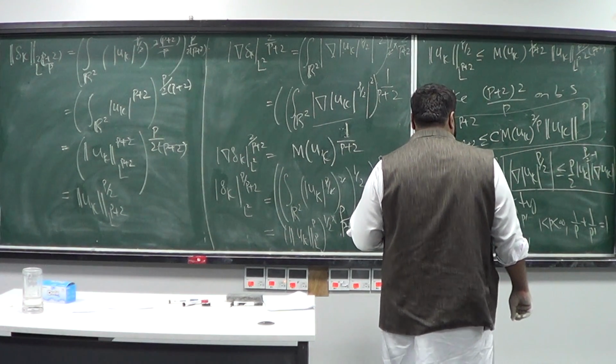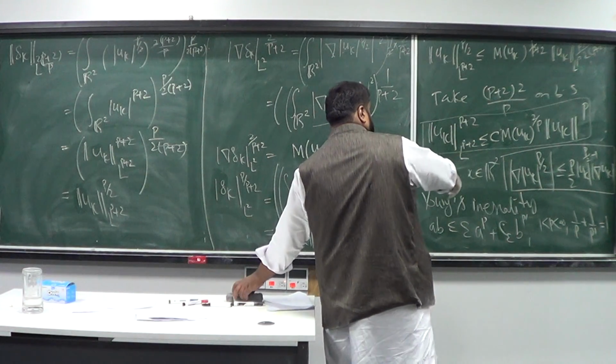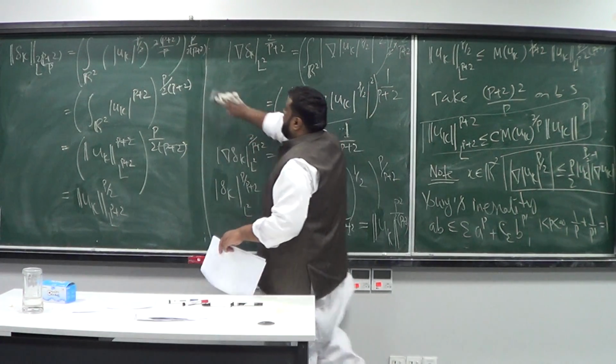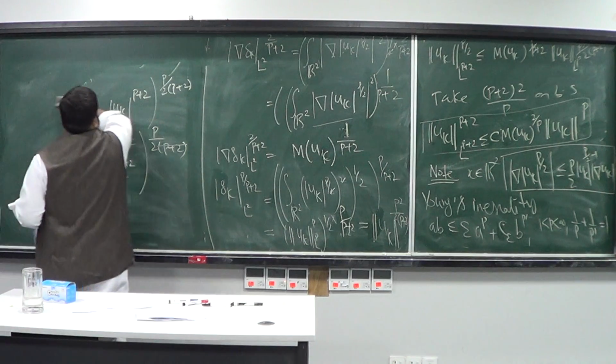Okay. So this is what I would like to apply, and there is a value for the constant epsilon as well, which at the moment I am not interested in. So what I would like to show now.